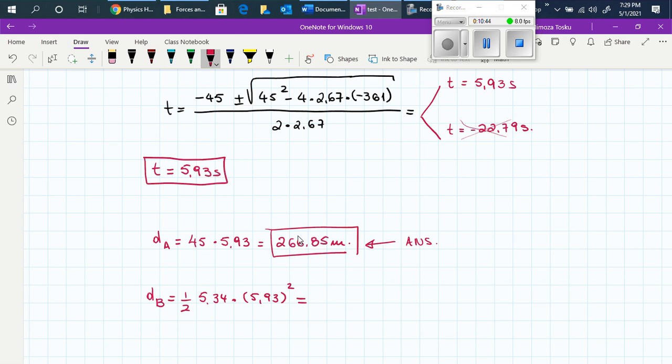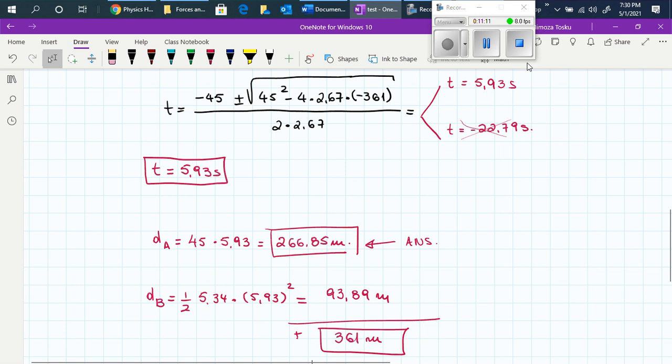The distance that B is traveling is 93.89 meters. So when you add the two together, you should have 361. This is how you check that your answer is actually correct. I hope that this makes sense. I will post this on Google Classroom.